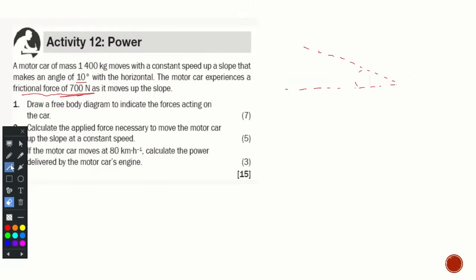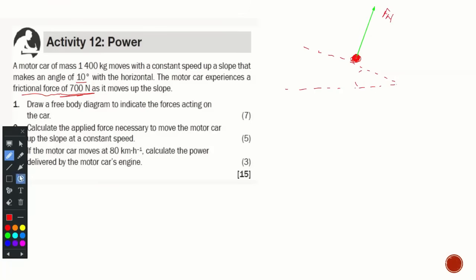Okay, so if we can just indicate, it's going to be something like this. And then our normal force, there goes our normal force there.